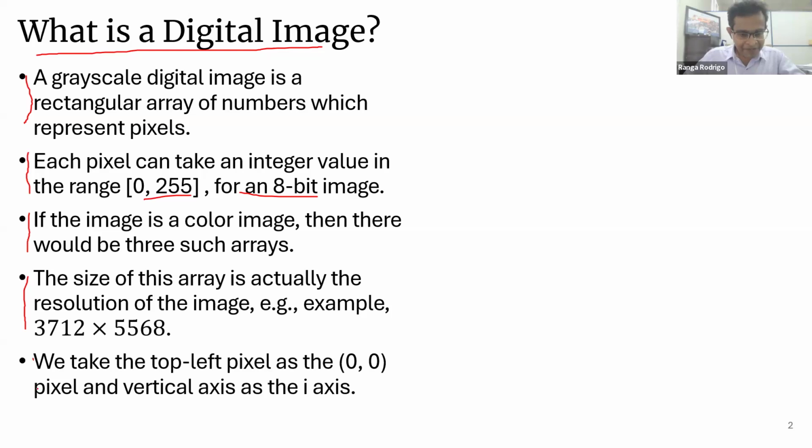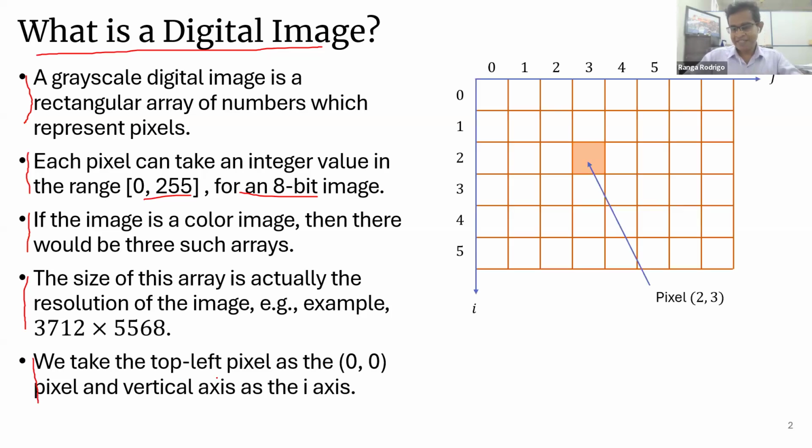We take the top left pixel as the 0,0 pixel and the vertical axis as the y-axis. So this is the picture of what we have described here. The vertical axis is the y-axis, and you can see the horizontal axis, and this pixel we call the 2,3 pixel. Remember, it's not the 3,2 pixel, it's the 2,3 pixel.